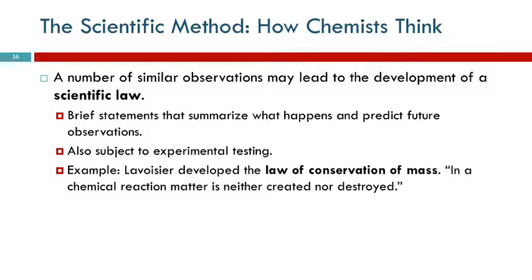A number of similar observations can lead to a scientific law. A law is just a brief statement of what happens. It doesn't explain why, but it does predict future results. And it's also subject to experimental testing. So you've heard of the law of gravity, right? So here I have a whiteboard marker, and I'm going to hold it out at shoulder height.